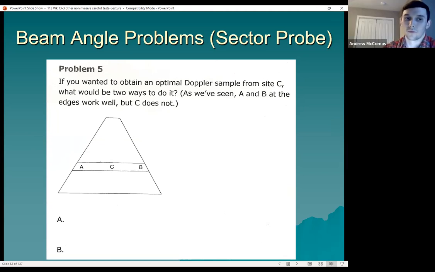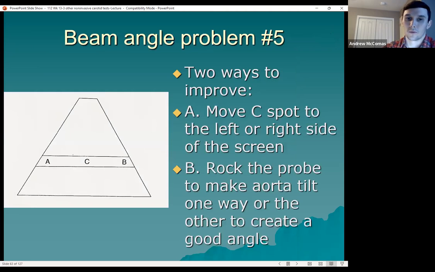Yeah, definitely rock the probe. Slide, just move your place in the vessel. So if you wanted to Doppler at that segment, just slide your probe up, move C to A or B.